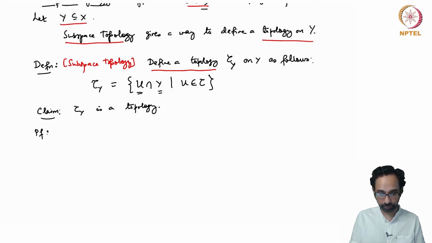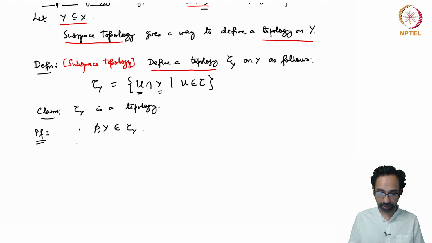So, proof. First of all, we have to show that the empty set and Y are in tau Y. This was the first axiom of topology. So why is the empty set in tau Y?